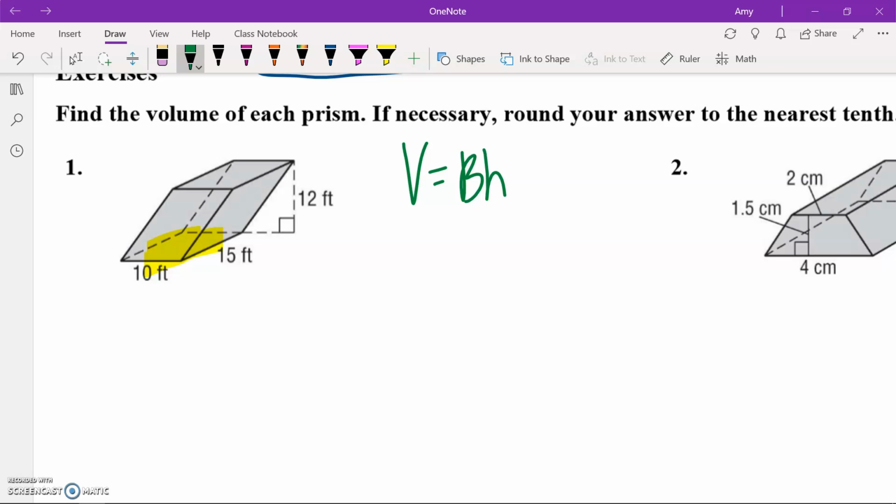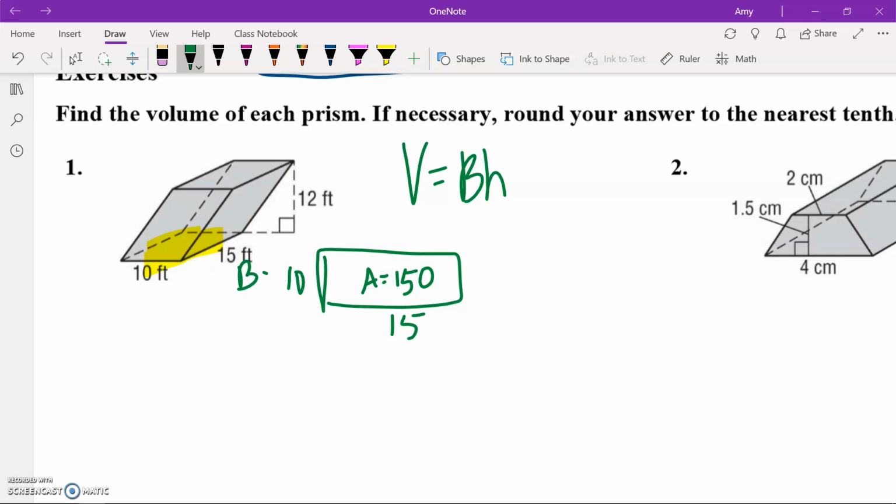If we treated it like an oblique rectangular prism, then the base is that side I highlighted, that rectangle with edges 10 and 15. Well, if this is my base, then I can calculate the area by doing 10 times 15, and we know that the area is 150.